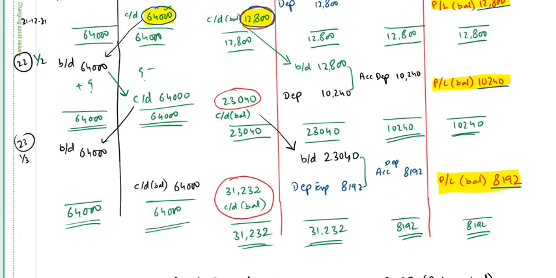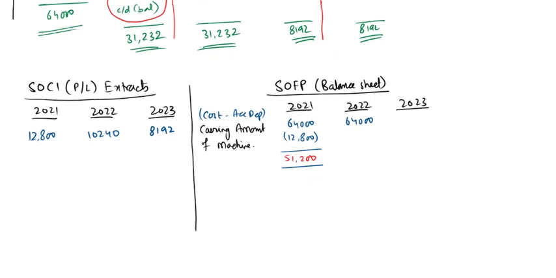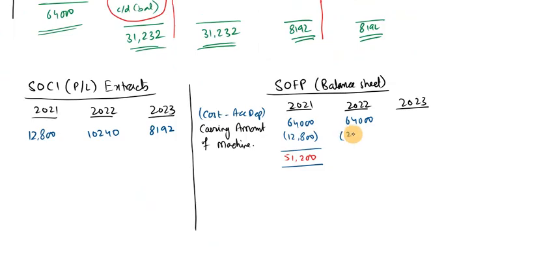The next amount is 2022: the cost of machine is 64,000, which remains as it is. Like you can see this year, 22, the cost is 64,000 and the accumulated depreciation is 23040, and the answer will be 40,960. Okay, it's not 42, it's 40,960.